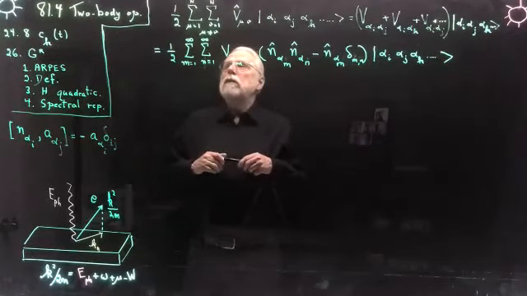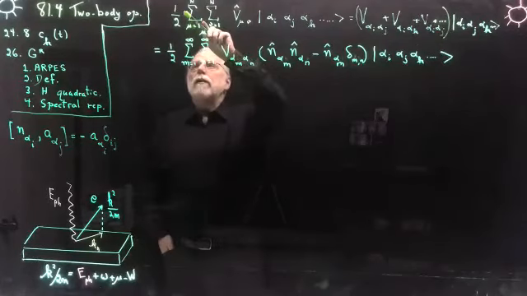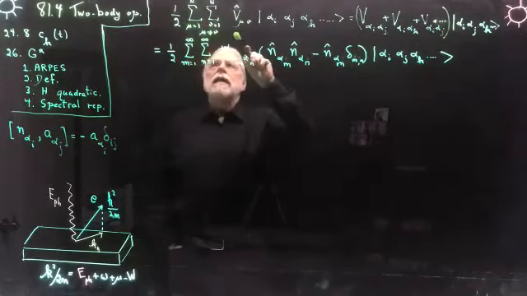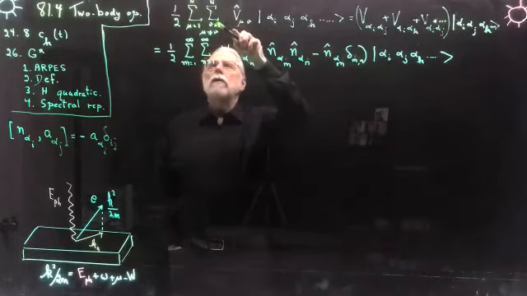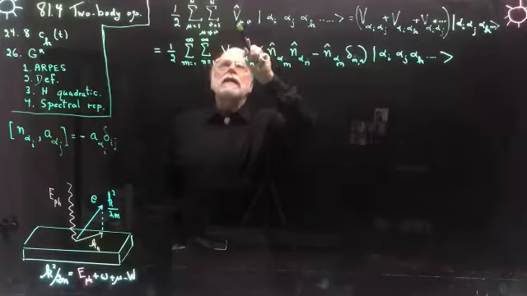So, two-body operators. This is an example here. I take 1/2, and I have n particles, 1 to n, and mu and nu equal 1 to n. And this is the interaction between particle 1 and particle 2.